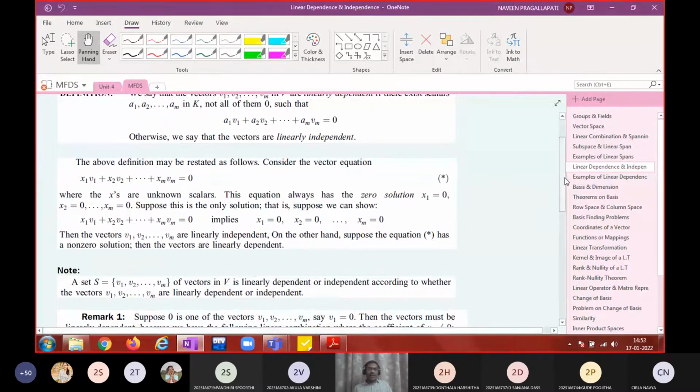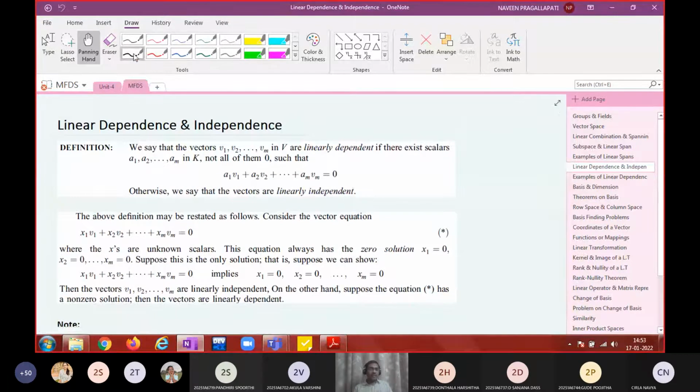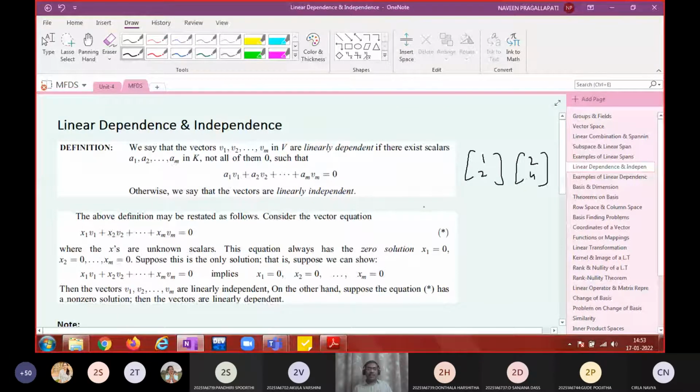We discussed this concept several times, something like (1, 2) and (2, 4). These two are linearly dependent. Why? Because minus 2 into (1, 2) plus 1 into (2, 4) equals what? Minus 2 plus 2 is 0. Minus 4 plus 4 is 0.